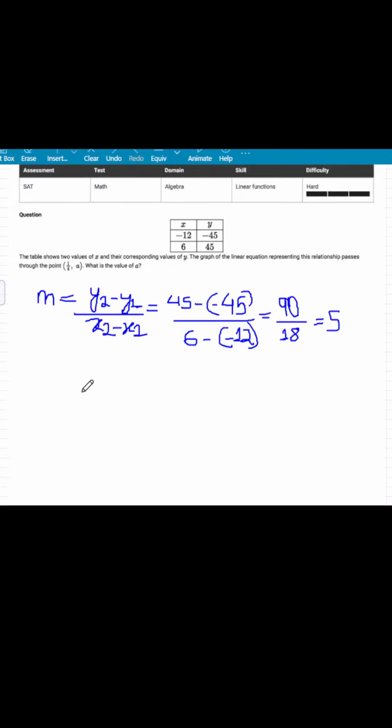Now let us derive the equation by using this one point and slope form. y minus y1 is equal to m multiplied by x minus x1.